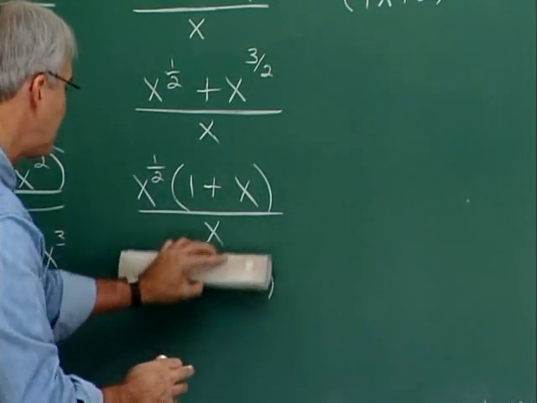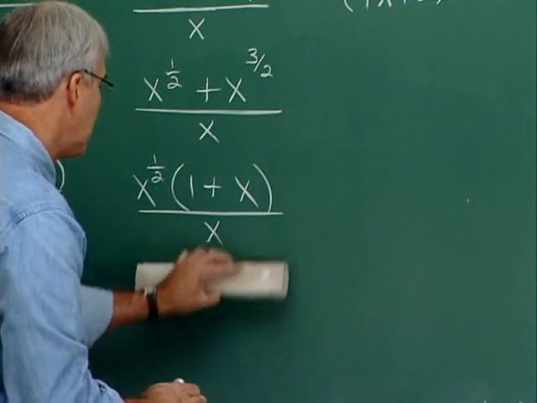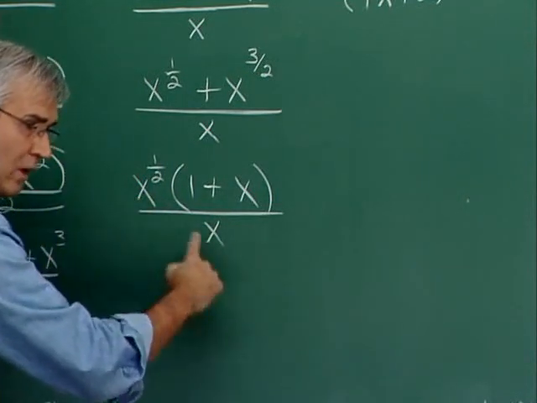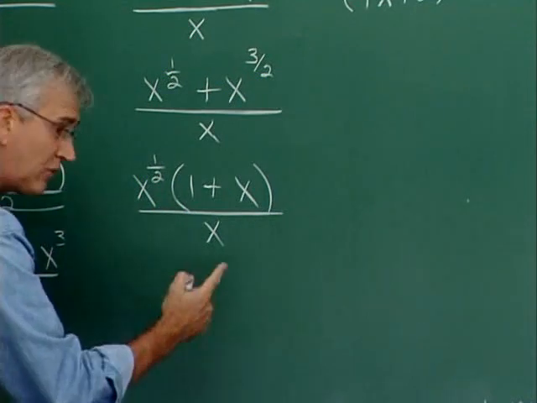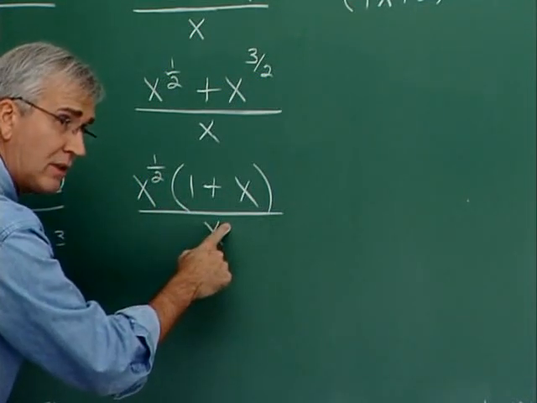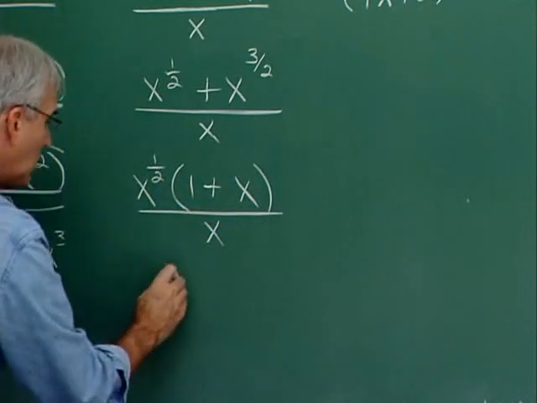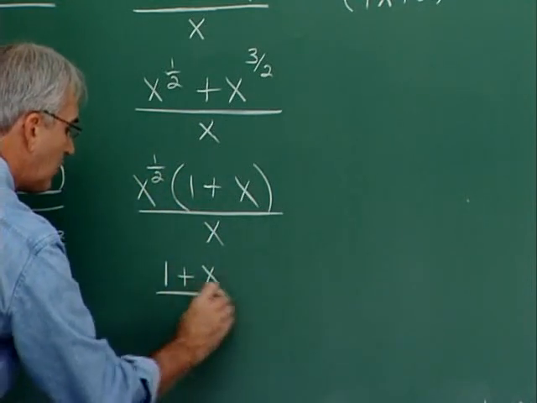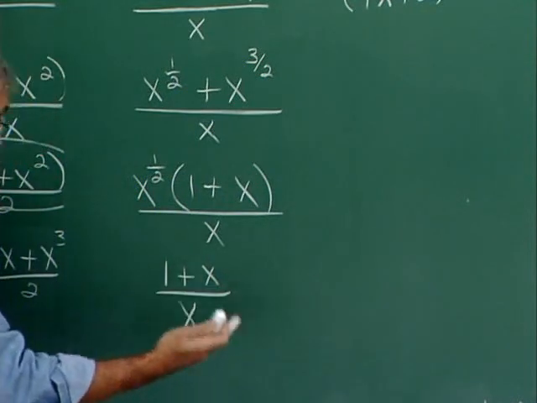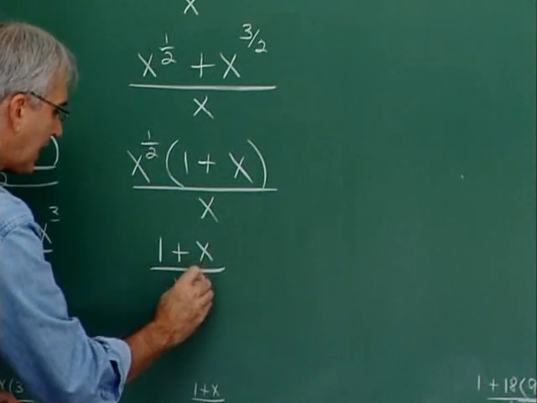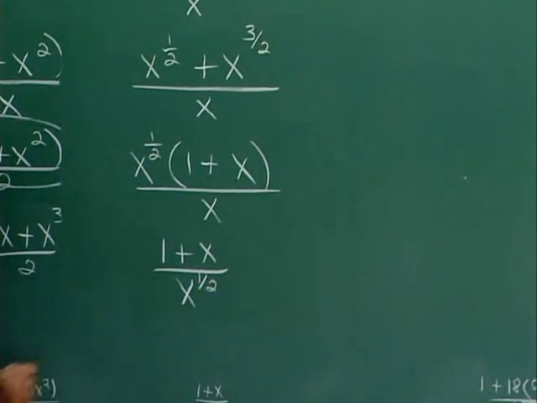Well, let's anticipate that and do this. Let's just say that we're going to cancel a fast way by subtracting exponents, but let's take the exponent on x in the denominator and subtract the exponent in the numerator. So it's 1 plus x in the numerator, and then x to an exponent, which is 1 minus 1/2. 1 minus 1/2, oh, that's 1/2. So x to the 1/2.